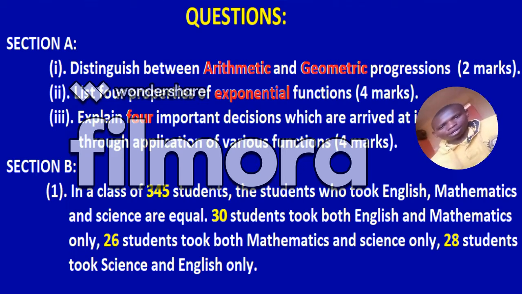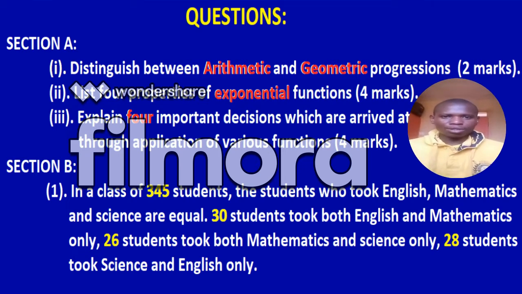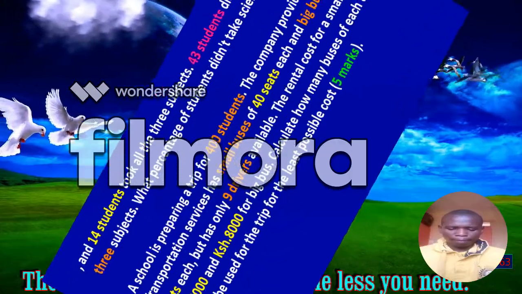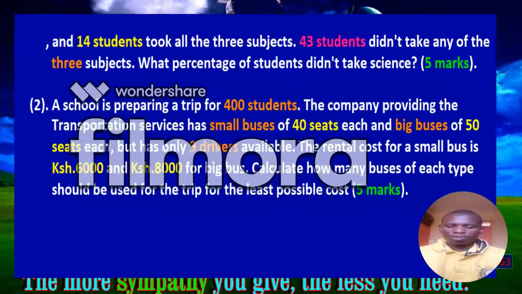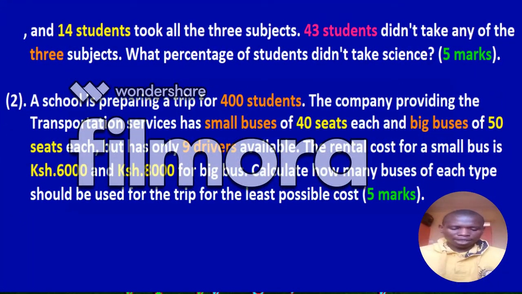Underline the word only, it's very important for this question. 28 students took science and English only, and 14 students took all the 3 subjects. 43 students didn't take any of the subjects. What percentage of students did not take science?